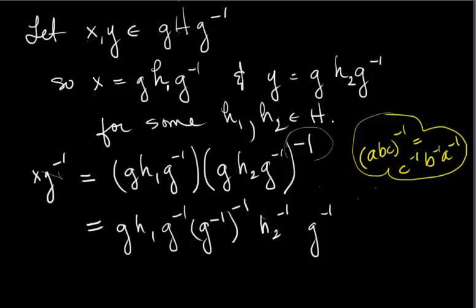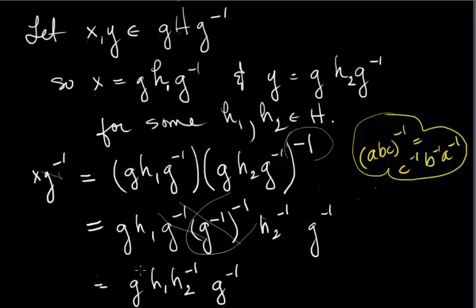All right, so this is just G, and so G inverse and G cancel, and we have G H1 H2 inverse G inverse. And I'm going to put parentheses on there. The associative property allows me to do that.